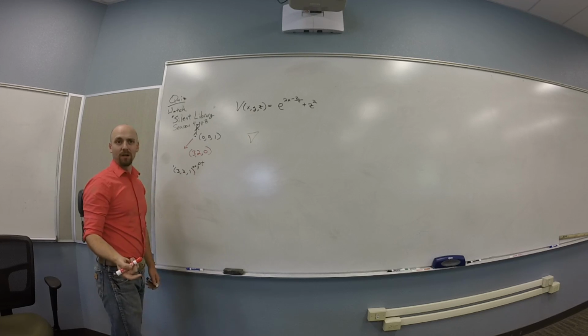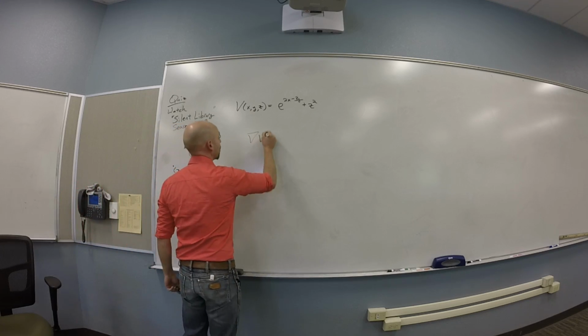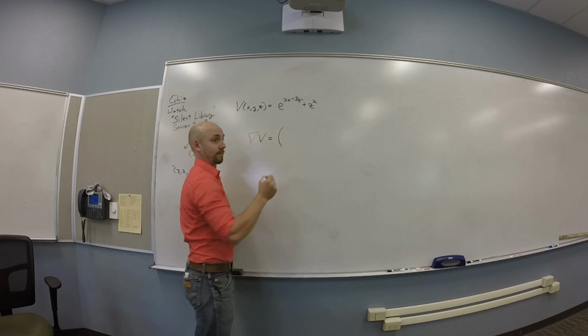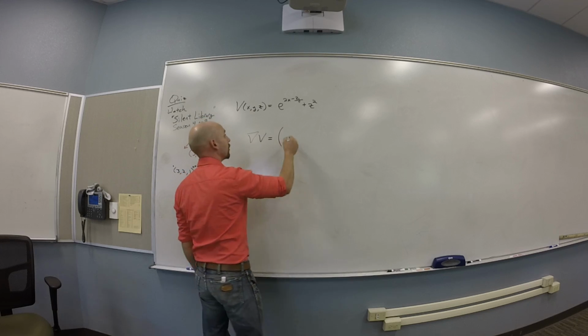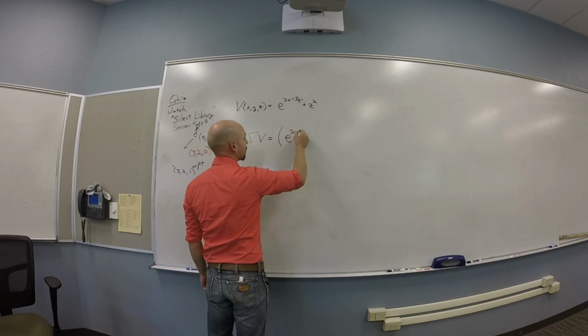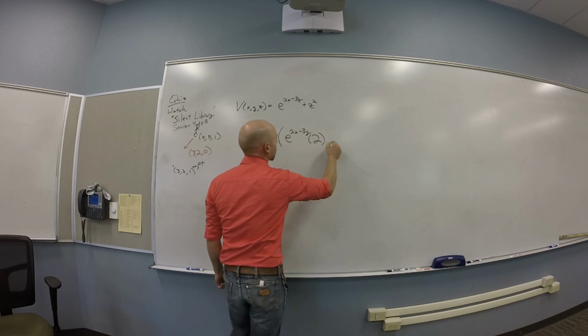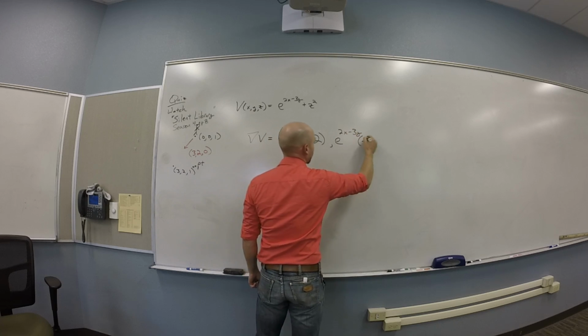What else do I need? Yeah, I need the gradient. So what's the gradient of v? Partial x, partial y, partial z, right? So that would be e to the 2x minus 3y times 2, then e to the 2x minus 3y times a negative 3, and 2z.